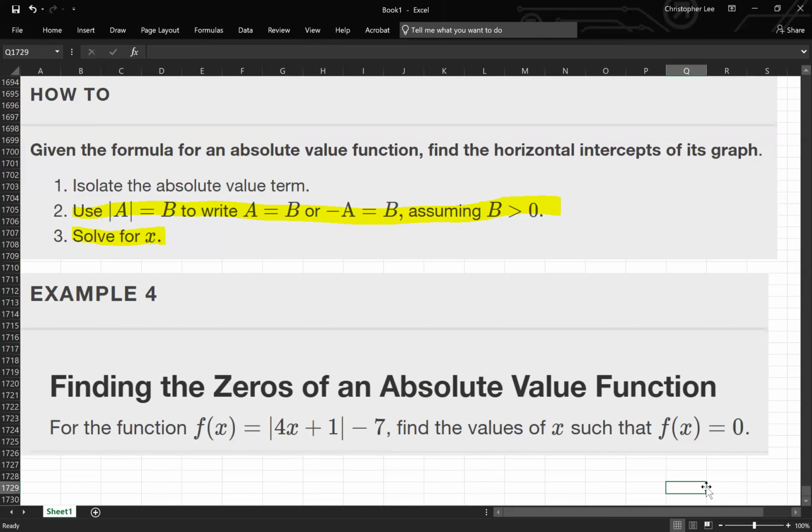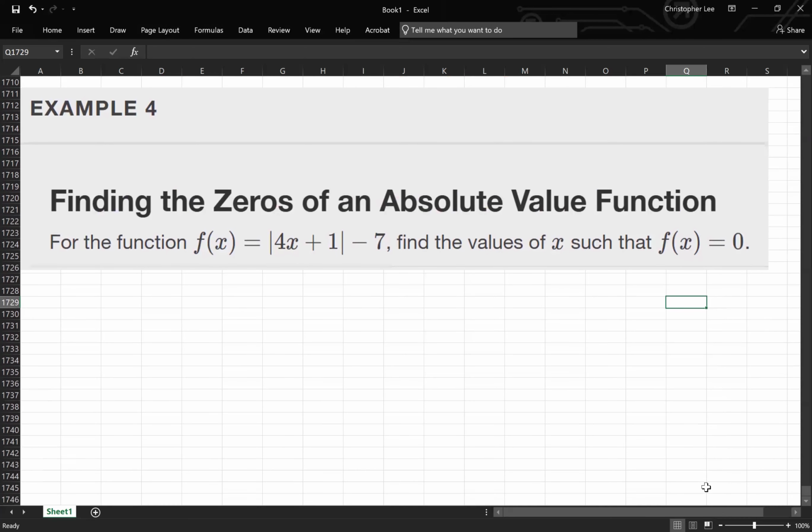So for the function f of x is equal to the absolute value of 4x plus 1 minus 7, we want to solve for x. I'm going to have two things going on. One is going to be the absolute value of 4x plus 1, minus 7.